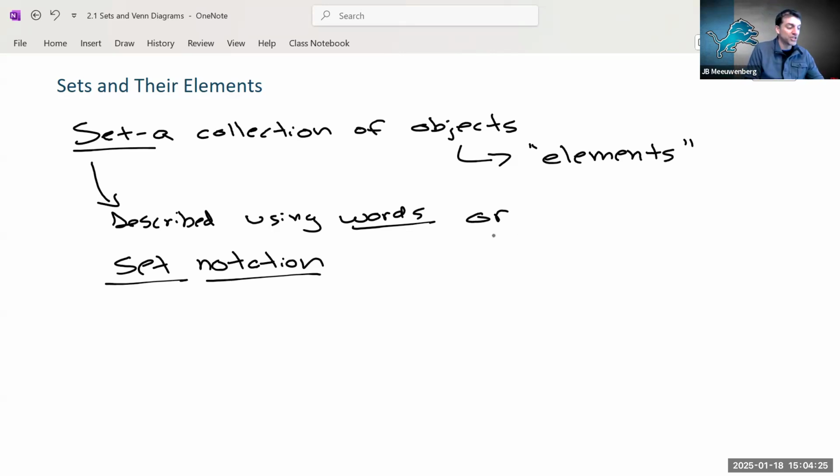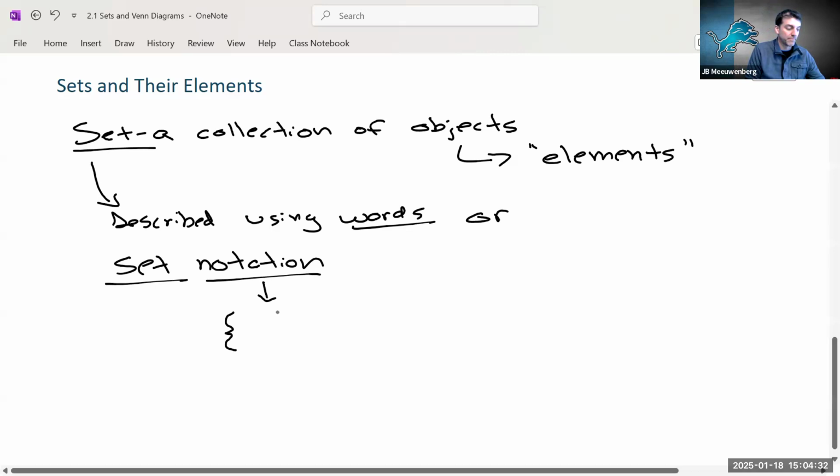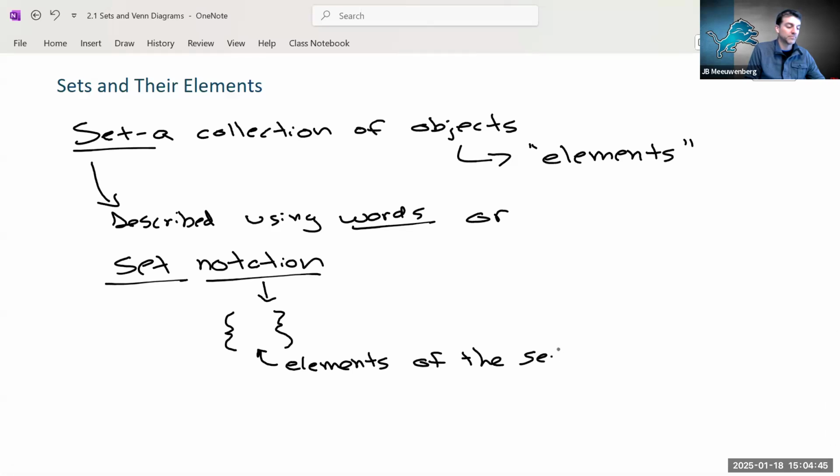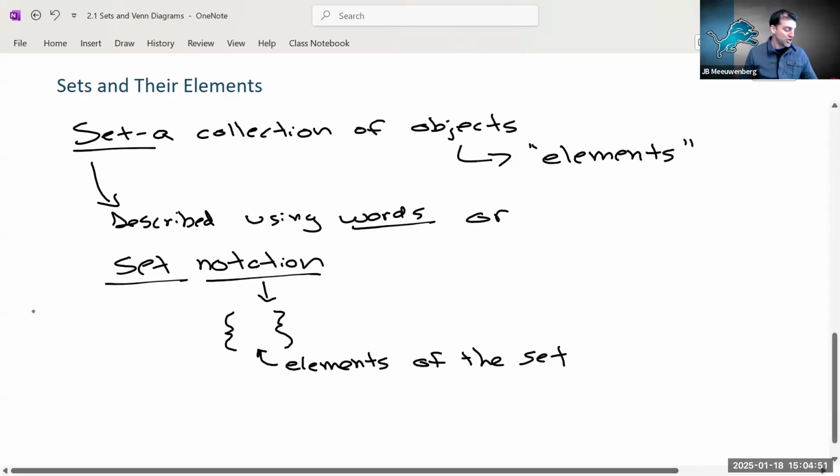And so the notation of a set uses braces that look like this. And inside those braces, we would list the elements of the set, separated by commas, one after the other. We'll see what that looks like. So that's set notation. So sets are sometimes defined by a name as well.